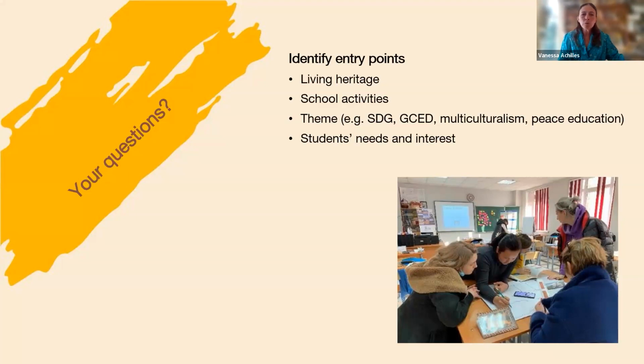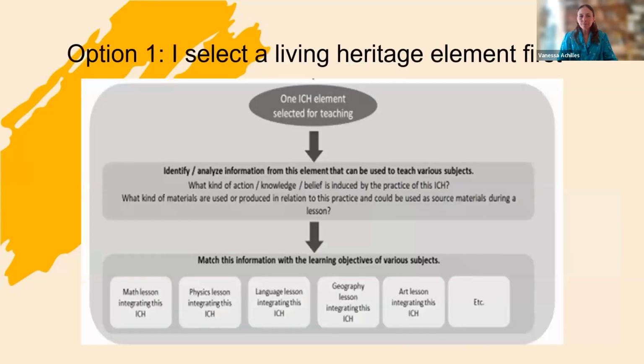For instance, your school may have a priority on global citizenship or education for sustainable development or peace education. So you could start with that and see how this can be enriched by some of the local practice. And you can start from students' needs or students' interest, which I would say is more important. But let's look at one option.